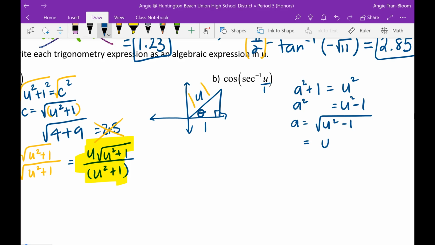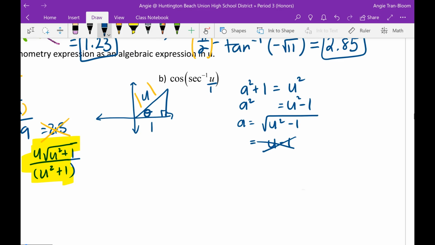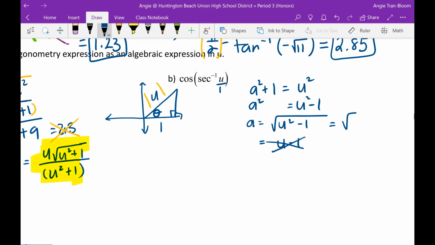Someone tell me, is that the same? No, it's not. In this case, it's definitely factorable, but my factors are not identical. Can you see that? So you can't take it out of the radical. Leave it as that. So this one becomes the square root of u squared minus 1.